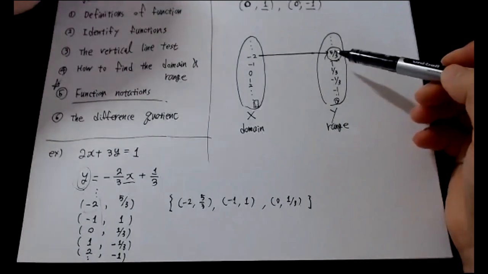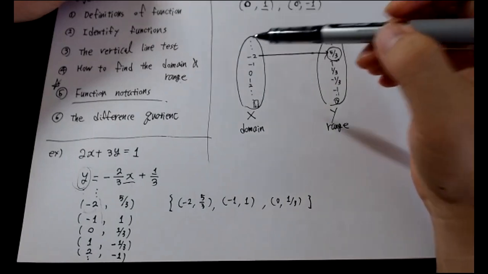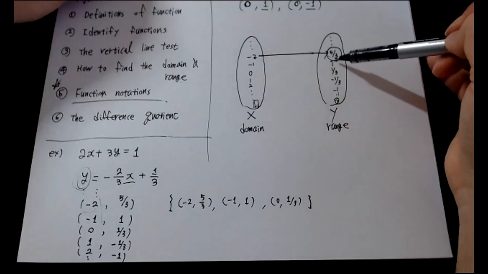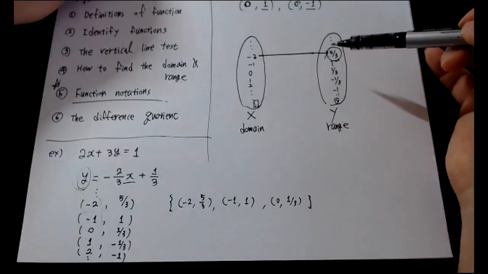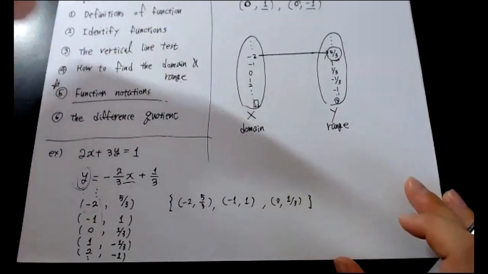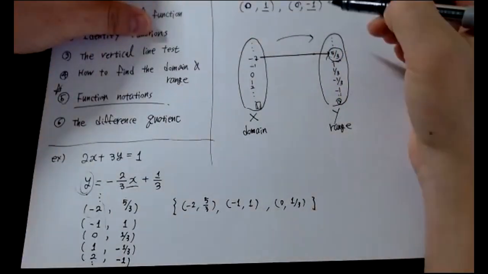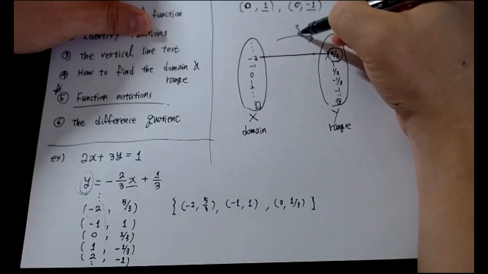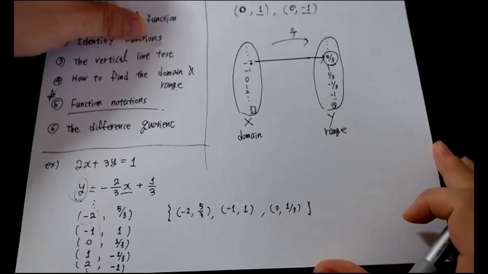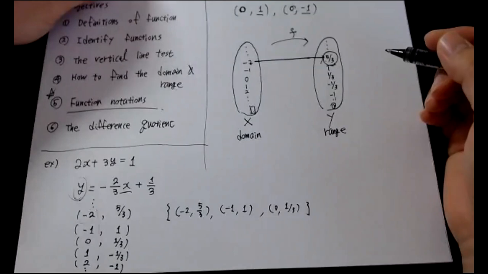As long as each x value corresponds to only one unique y value, the relationship satisfies the function definition. Keep that in mind. We normally use an italic letter f as the symbol of a function.